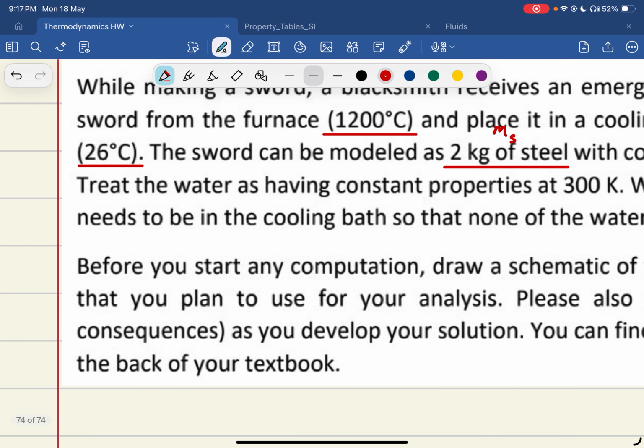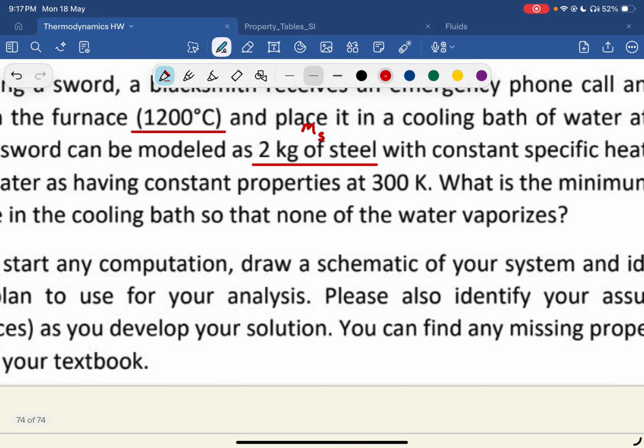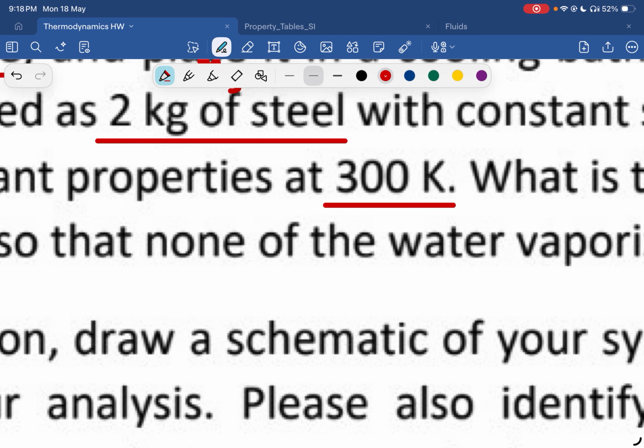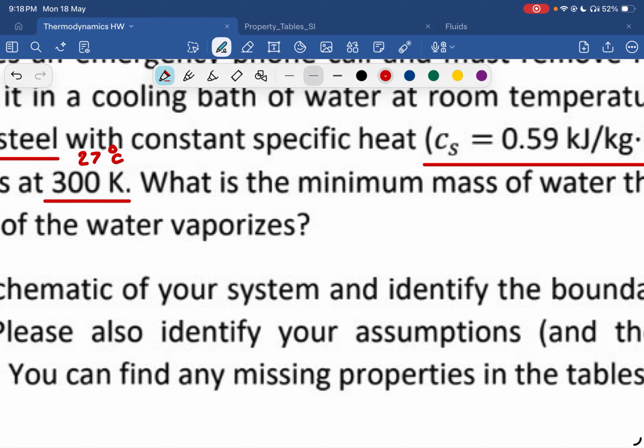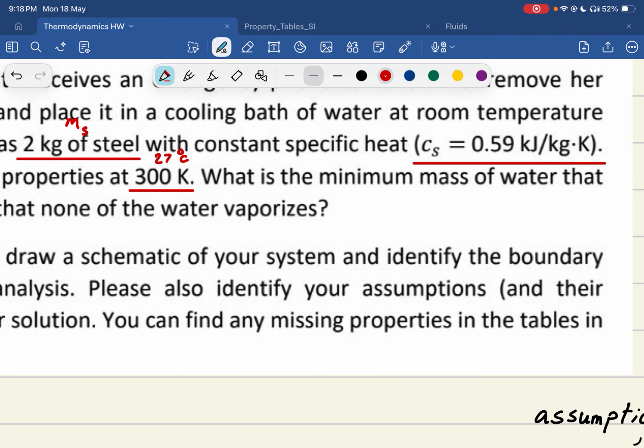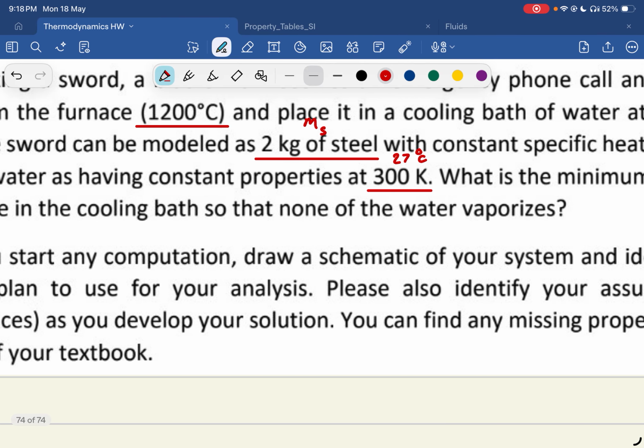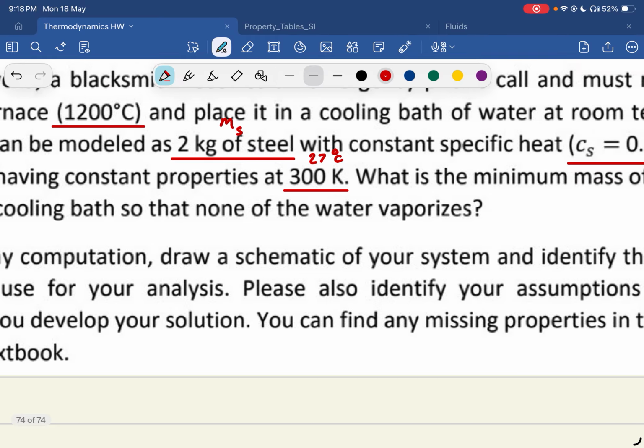Treat the water as having constant properties at 300 Kelvin, which is basically room temperature, about 27 degrees Celsius. What is the minimum mass of water that needs to be in the cooling bath, so that none of the water vaporizes?